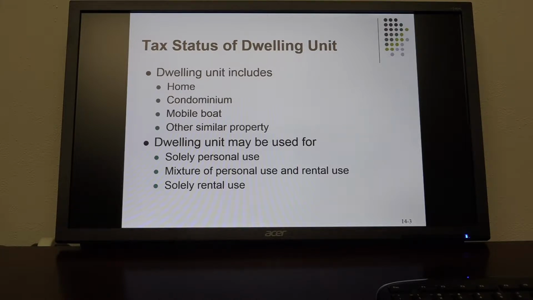So what is a dwelling unit? Well, it includes a home, but it includes other types of dwellings as well. A condominium or townhome, a boat that you can live on is considered a dwelling unit. What about a mobile home?